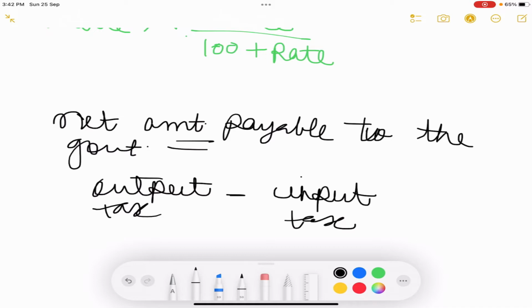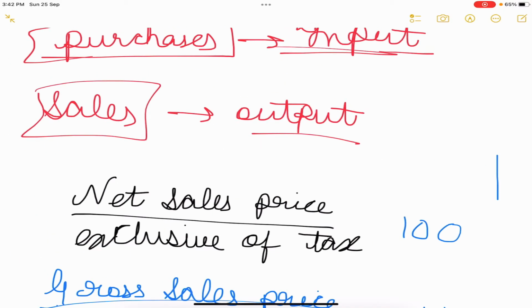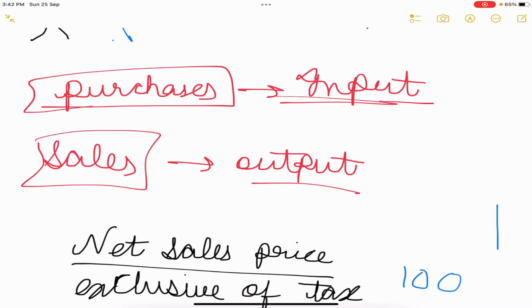Why? Because output tax, what is output tax again? Tell me. Output tax, quickly. You can refer to it. Output tax is something which you have to pay to the government, right? Which is sales. So output tax is something which you have to pay, and you are going to subtract the input tax.